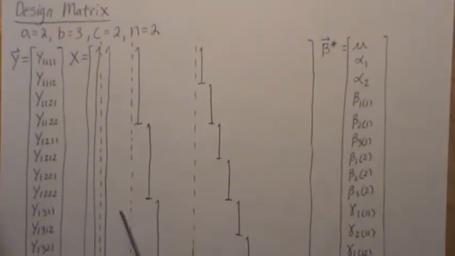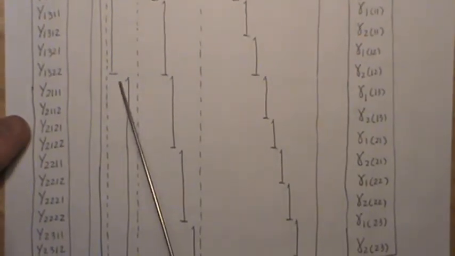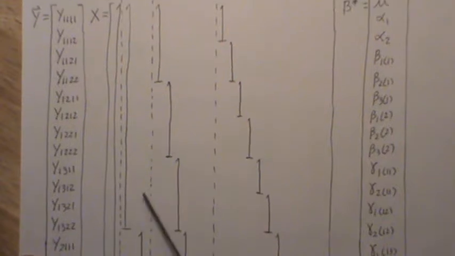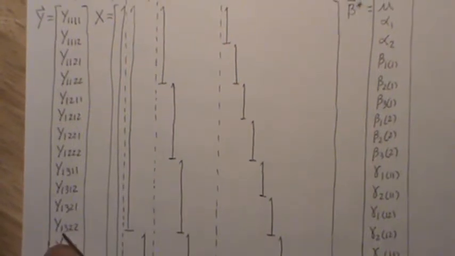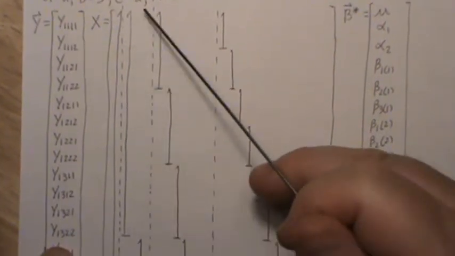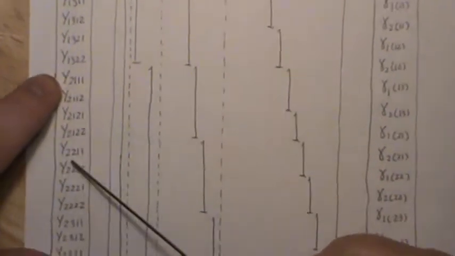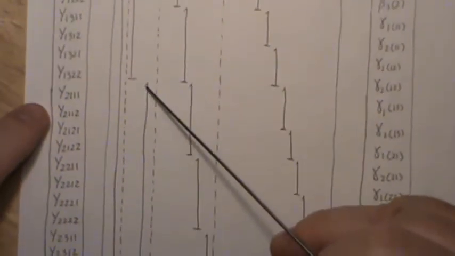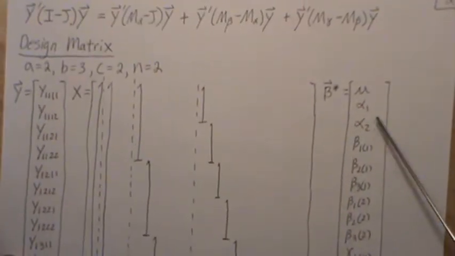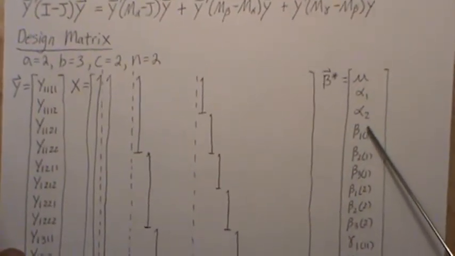The next 2 columns, and there's only 2 because it deals with factor A and there's only 2 levels. Notice that all these start with a 1, and that corresponds to this. And then the next group starts with a 2, which corresponds to this. And those deal with alpha 1 and alpha 2.